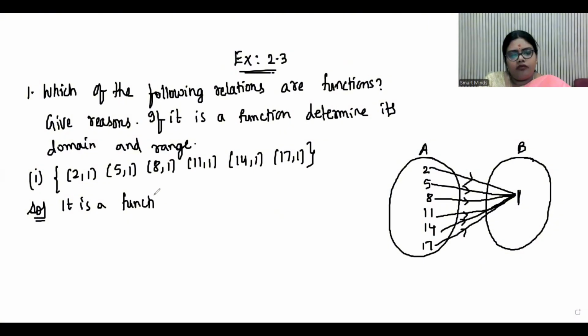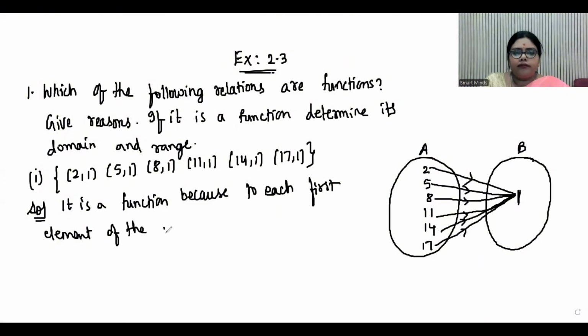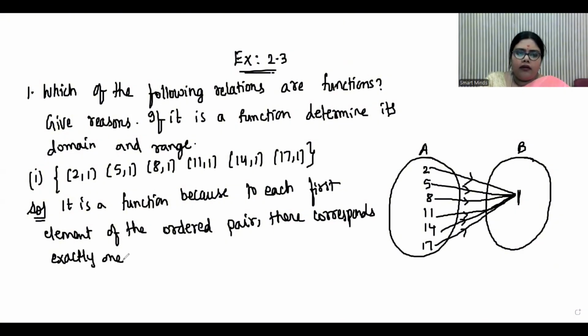It is a function. Why? Because to each first element of the ordered pair, there corresponds exactly 1 second element.